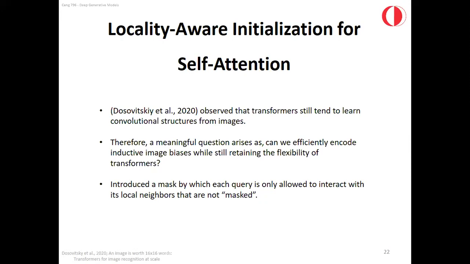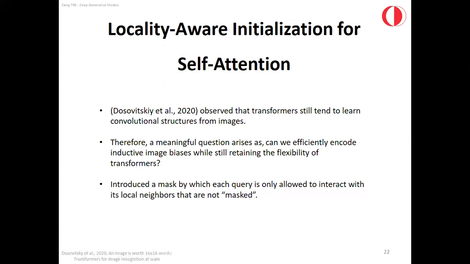This means that we use the global transformers, but could we use our models in a local way? So they introduce a mask by which each query is only allowed to interact with its local neighborhoods that are not masked.